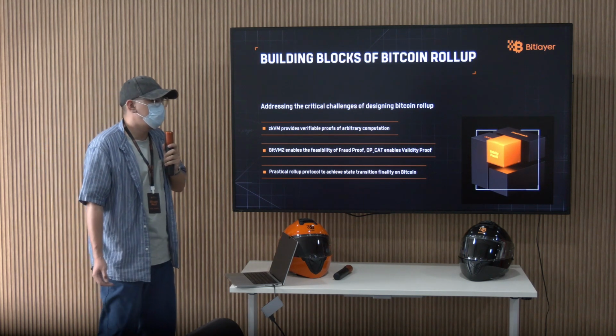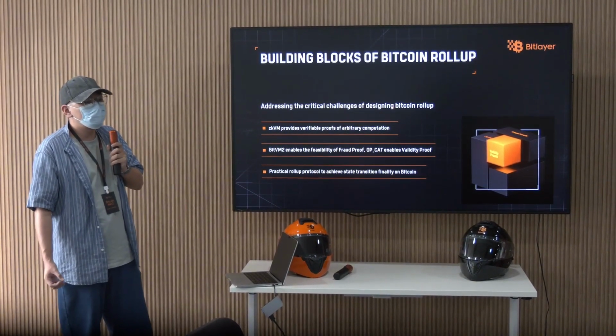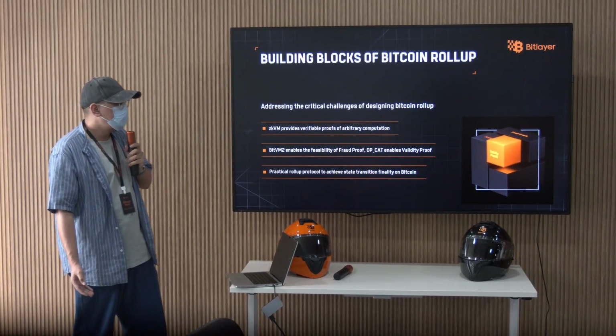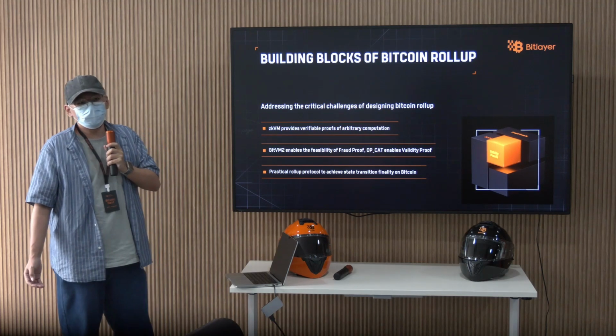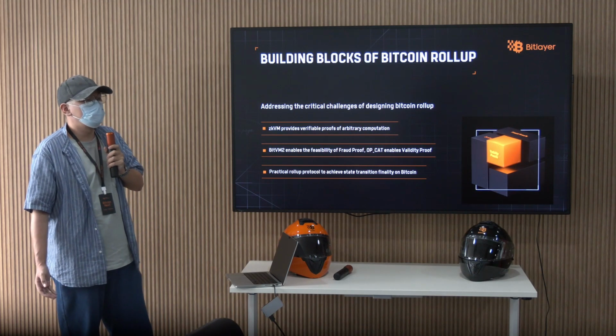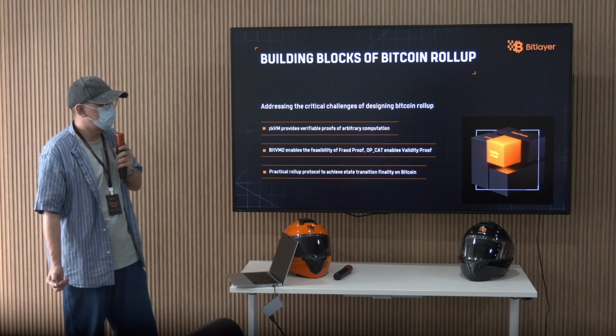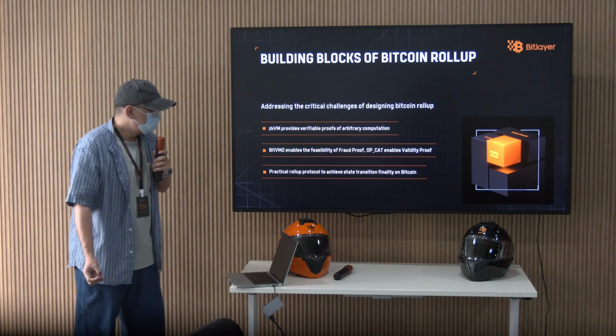Also, BitVM2 has shown us the feasibility of verifying a proof on chain on Bitcoin. With the future-enabled OPCAT, we can more easily implement a validity proof for the rollup.